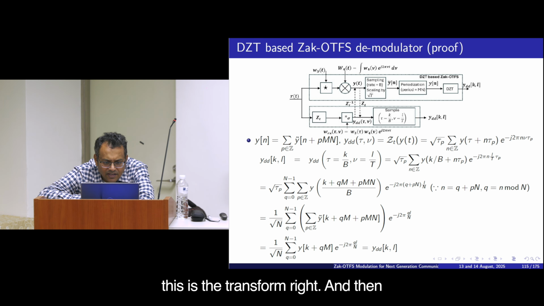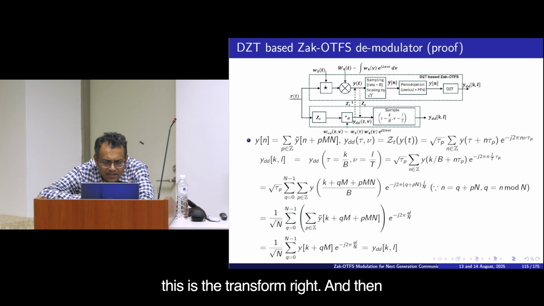Further, this summation over n is from minus infinity to plus infinity, but I will write this small n in a different way. I will write it in this form.